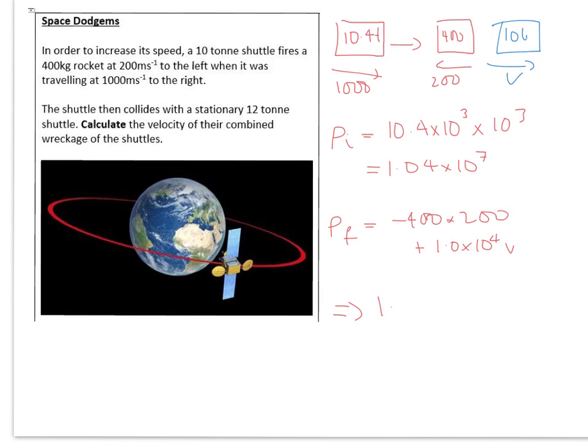So the total momentum of the 10-ton shuttle is going to be the addition of those two numbers. So 1.04 times 10 to the power of 7 plus 400 times 200, which is 1.048 times 10 to the, how many was that, 1, 2, 3, 7 Newton seconds. So that's the total momentum of the 10-ton shuttle.